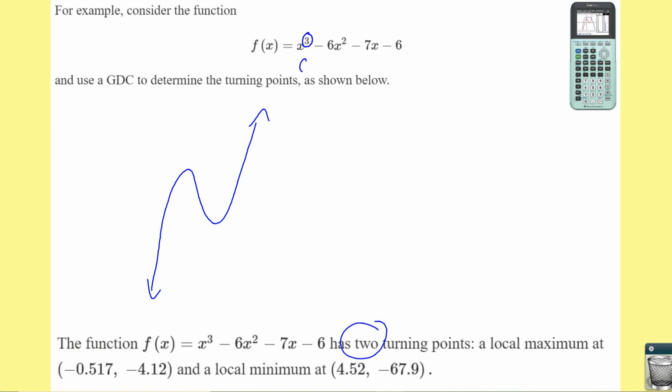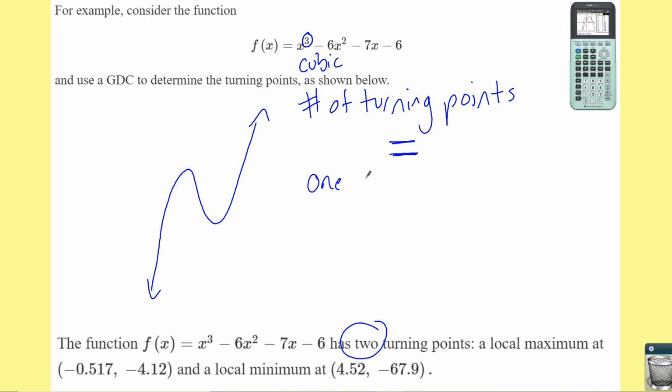So this is a cubic, and the number of turning points is always equal to 1 less than the degree. So we know we found 2 turning points, so we know that's all there can be.